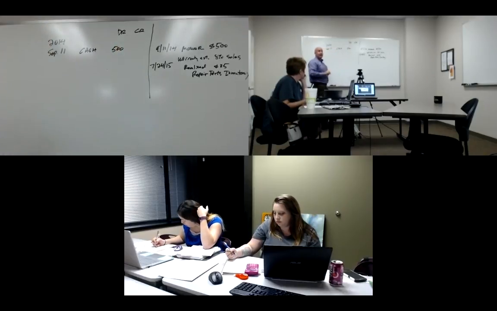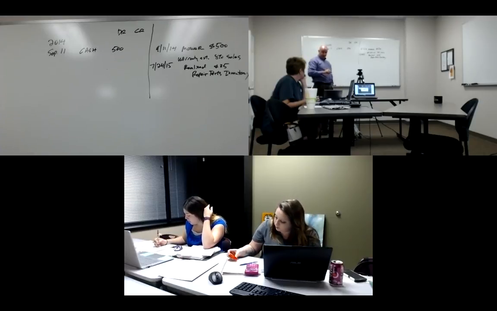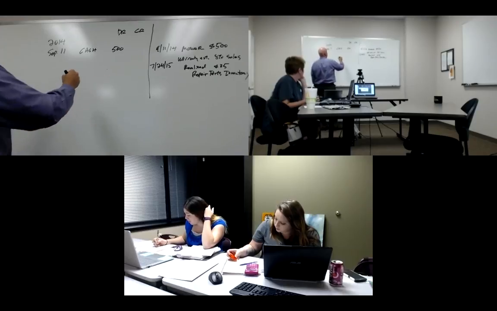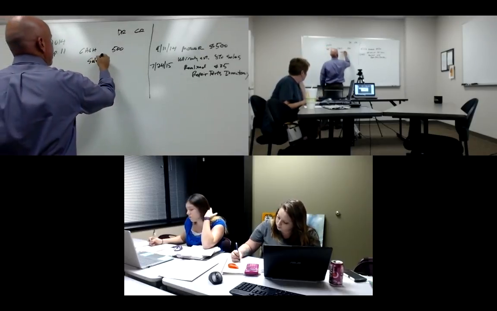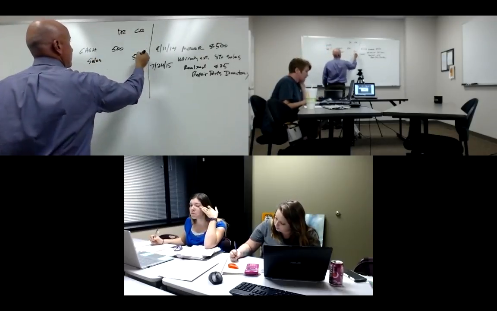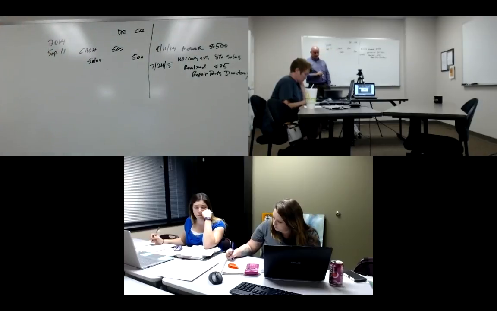So I'm going to debit cash, or increase it, by $500. And then I would credit sales by $500.